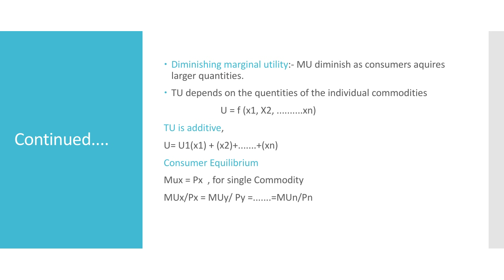According to cardinal utility theory analysis, we can derive the consumer equilibrium through the following equation. In a single commodity case, the equilibrium exists when the marginal utility from good x becomes equal to the price of good x. In the multiple commodity case, consumer equilibrium is achieved when the marginal utility of good x upon the price of good x is equal to the marginal utility of good y upon the price of good y, equal to the marginal utility of good n upon the price of good n.